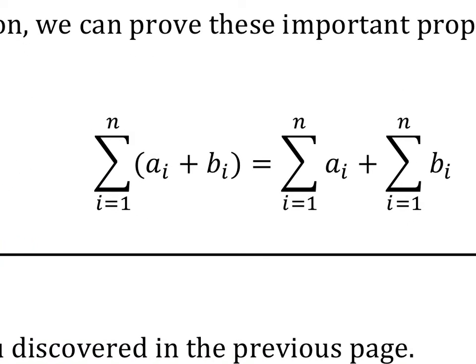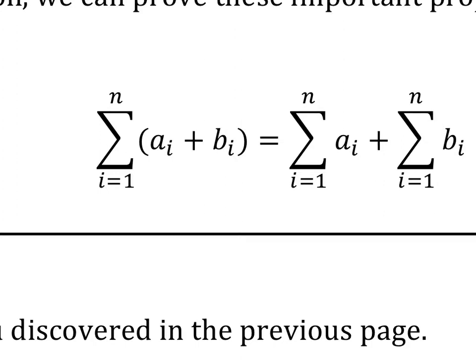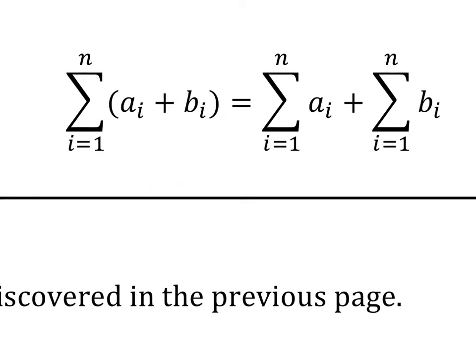And if we're adding two things, we can split them up. If we have the sum of two things being added, we can split those up. So let's see an example of that. If we have the sum as i equals 1 to n of, let's say, i plus 2.